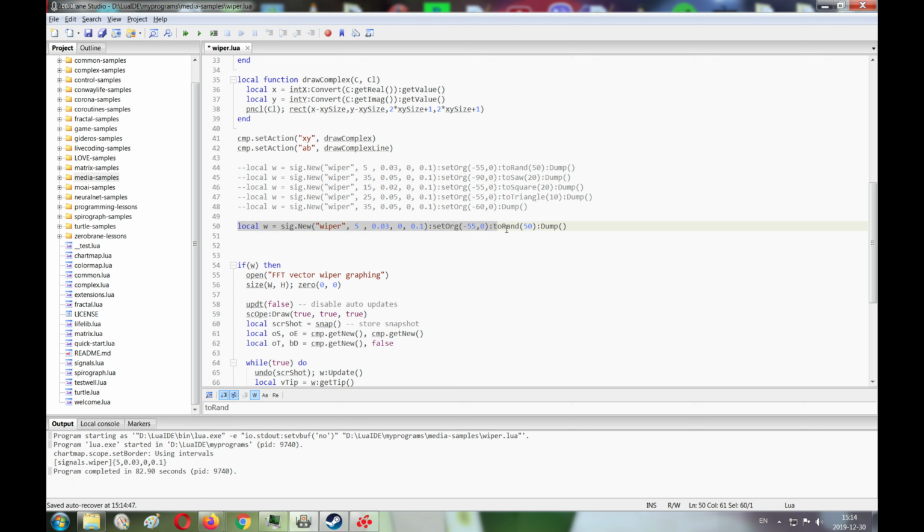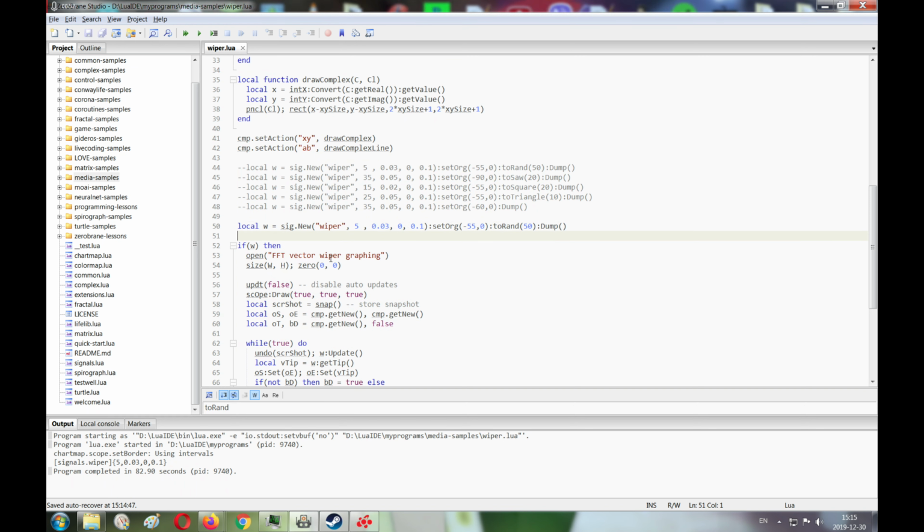You first see this line here. What does it really do? Let's take that for example. There, so we have a wiper. This is the object that I'm creating.